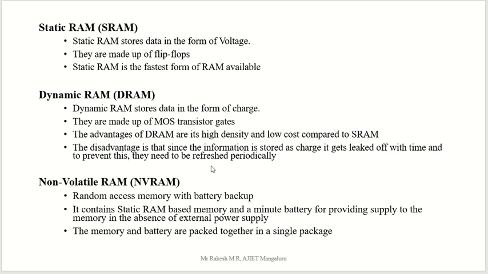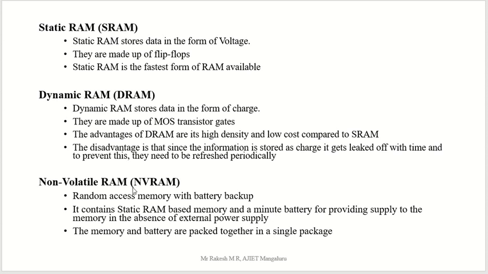Discharge means data loss again. In order to avoid that data loss, we have to use one circuit to refresh it. That's why we have to use an extra circuit, the refreshing circuit. That is a disadvantage, because for the refreshing circuit we have to prepare a design, build it, and implement it.